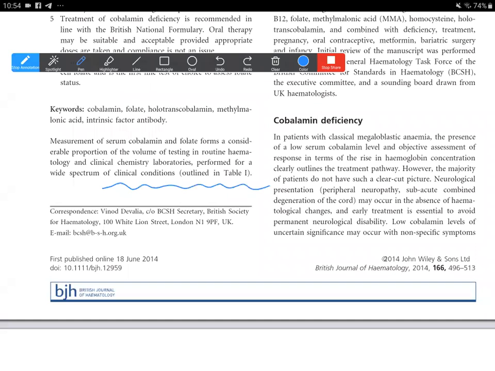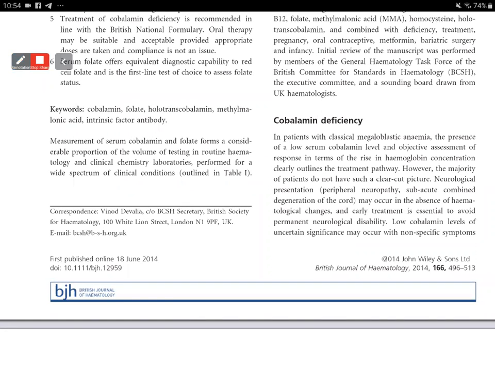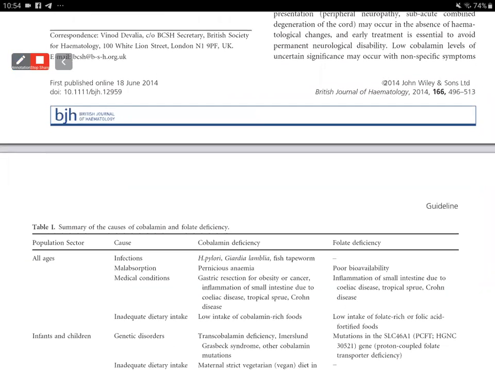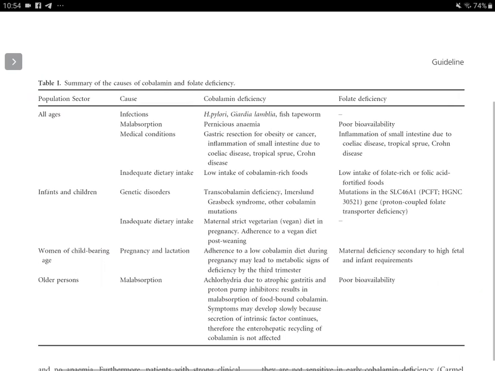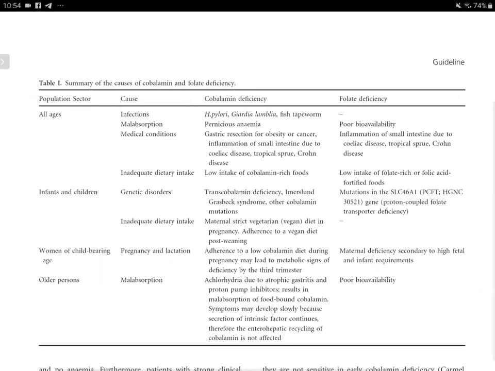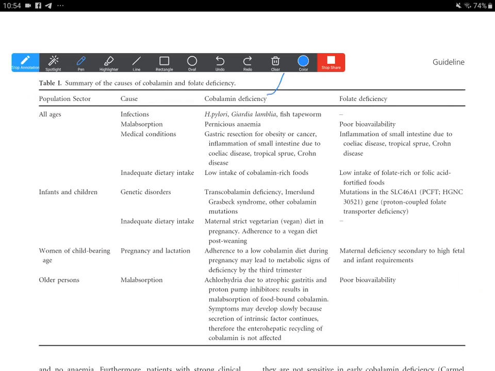So the clinical conditions that would actually prompt a suspicion of cobalamin deficiency. First of all, we'll concentrate on this aspect: the deficiency is present in all ages, and the most common causes are infections, malabsorption, and medical conditions.